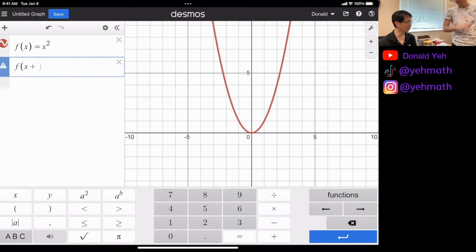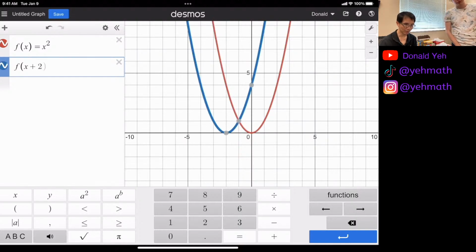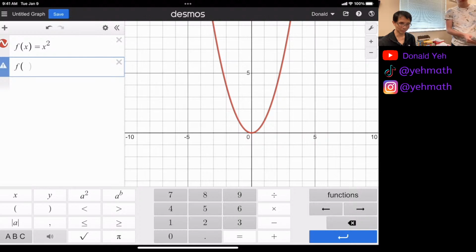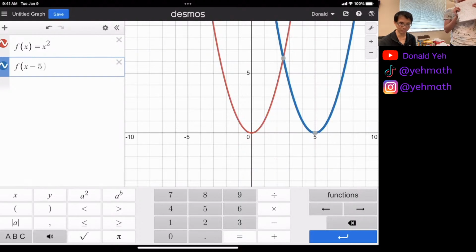Just pay attention, it just moves the graph to the left. You can plug in anything you want. You can plug in 5. You can plug in 6. You can plug in x plus 2. You can plug in absolute value of x. You can plug in x minus 5. It's moving right 5. I see.